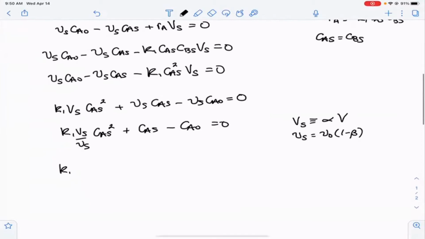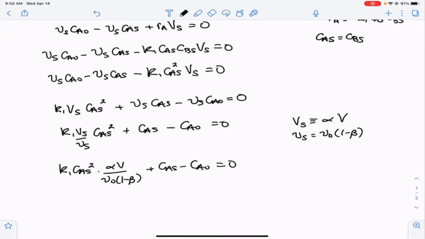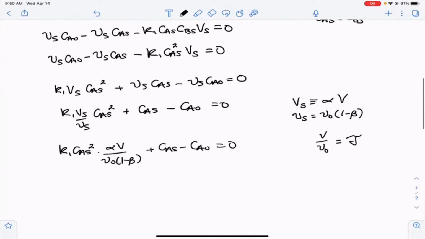And we get K1 times CAS squared times alpha V over V0 times 1 minus beta, plus CAS minus CA0 is equal to 0. And we also know then, of course, that V over V0 is just equal to tau, or equal to the residence time of our reactor.